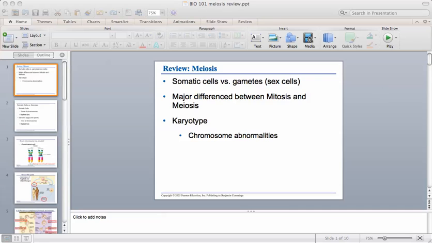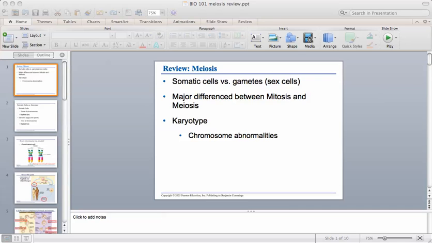And with meiosis, this is again a specialized division process. It only occurs in eukaryotic organisms, and it only occurs in the reproductive organs of those eukaryotic organisms. It is a specialized division process to produce cells called gametes, egg or sperm.